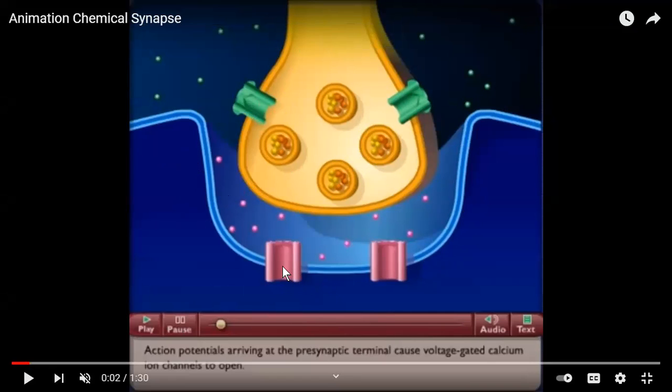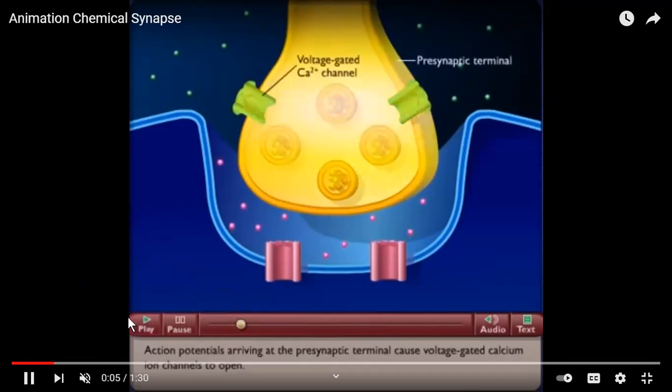On the postsynaptic neuron, here's the closed ligand-gated channel, and the pink spheres are sodium ions just waiting for this channel to open up and move into the postsynaptic neuron. So let's start this animation and let's take a look at the events.